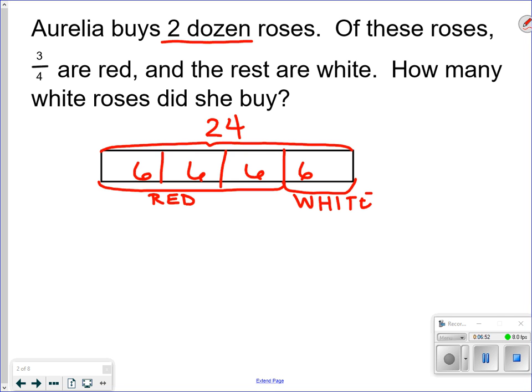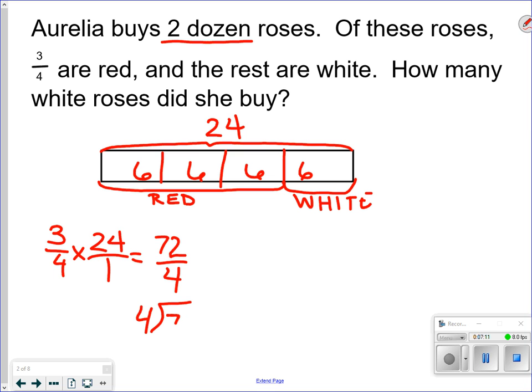Now if you had done the standard algorithm, 3/4 of 24, let's see how much harder it would have been. 3/4 times 24 would be 72 divided by 4. 4 into 72, because we're hard-headed and don't want to listen to our teacher.